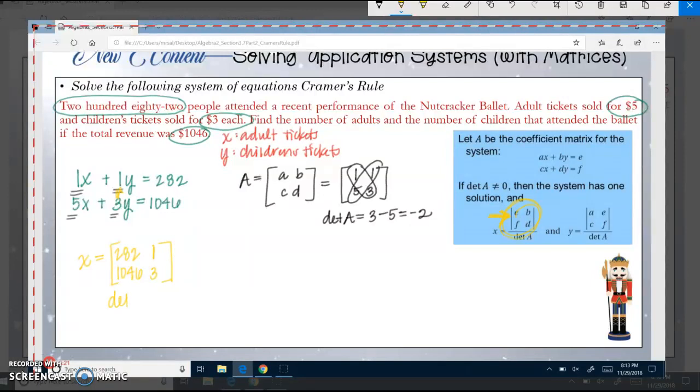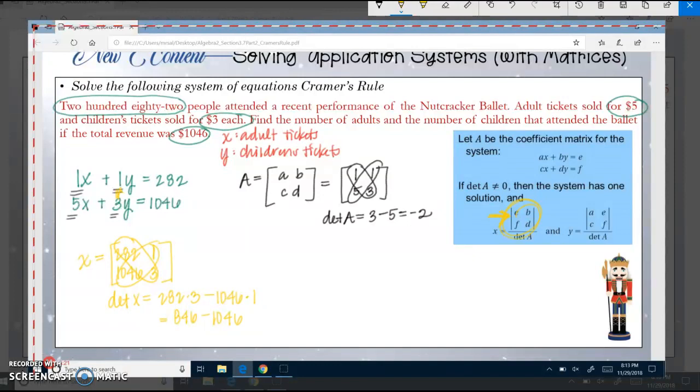So to find this determinant, I'm going to take 282 and multiply it by 3. That's my A times D. And I'm going to subtract off 1046 times 1. So I'm going to grab my calculator for this one. When I do 282 times 3, that gives me 846, and then I'm subtracting off 1046.